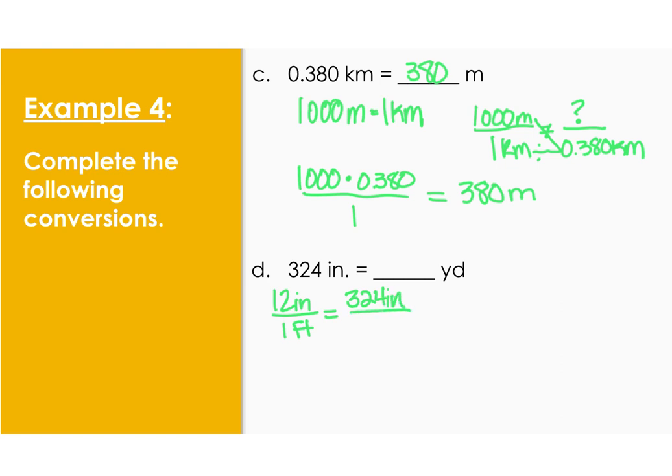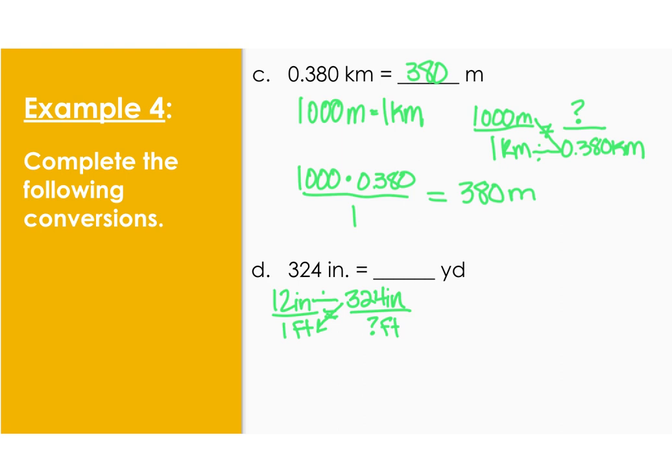And we want to know, my question mark is feet. So I'm going to multiply across and then divide. So that leaves me with 27 feet.